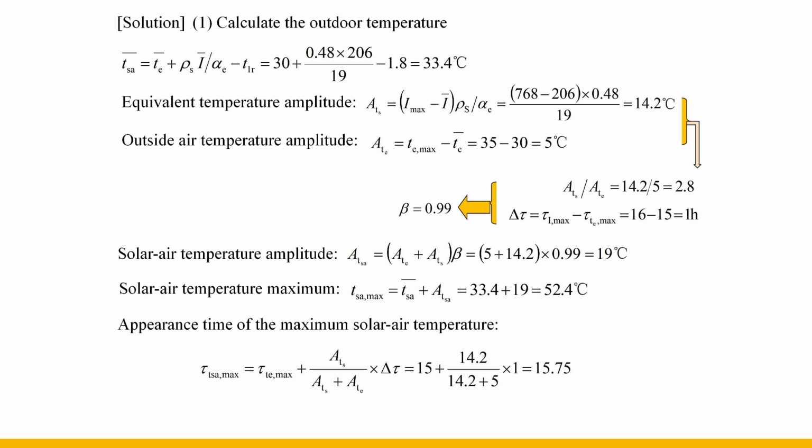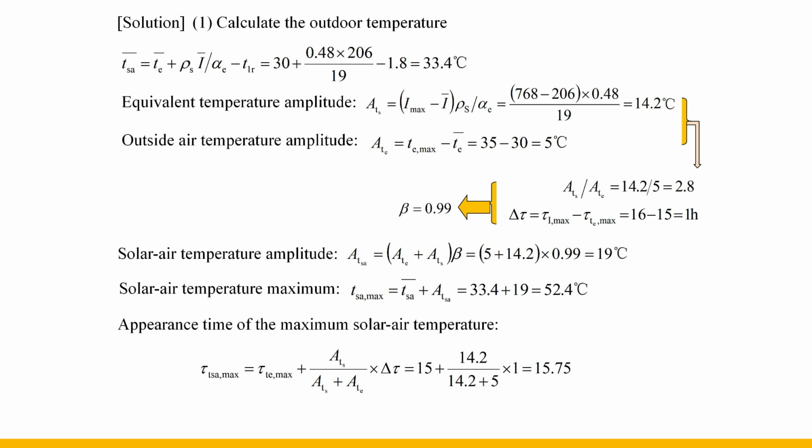Then the solar air temperature amplitude is the sum of outdoor temperature amplitude and the solar radiation equivalent temperature amplitude multiplied by beta, equal to 19 degrees Celsius. The maximum value of the solar air temperature is equal to the average value of the solar air temperature plus the amplitude, equal to 52.4 degrees Celsius.